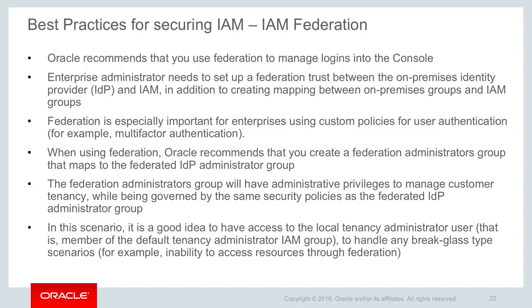So the best thing is to create a local user, use a complex password, and secure that information. Once you have the Federation set up and configured, you shouldn't be using that user to authenticate anymore. You're going to go through the Federated access, but it's always good to have a user in your back pocket in case something goes wrong with your Federation configuration.